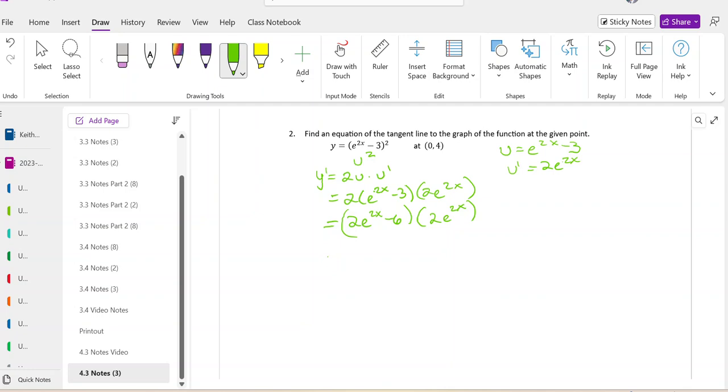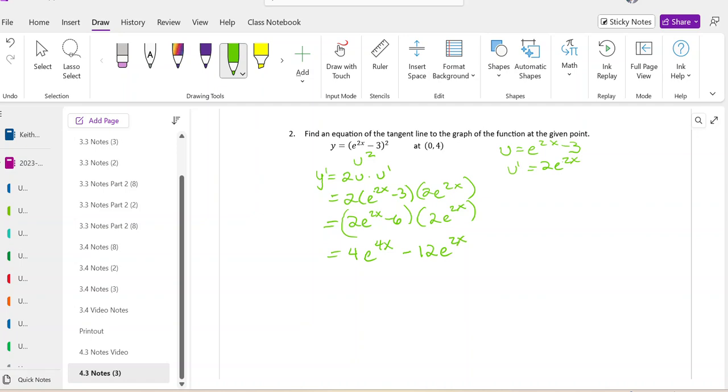And then here you're going to get 4e to the 4x, and then it's minus 12e to the 2x.